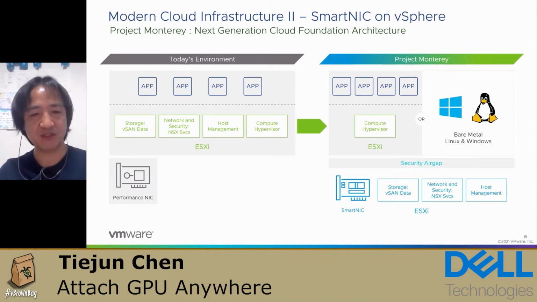So back here, SmartNIC, basically we can use SmartNIC to offload some functionality like network, storage, and security from the host to the SmartNIC in order to free up host CPU cycles to help us run more user applications on the host. Okay, so VMware had a great project that was announced last year. Basically, we have ESXi running on the SmartNIC on the embedded processor and not on the host.